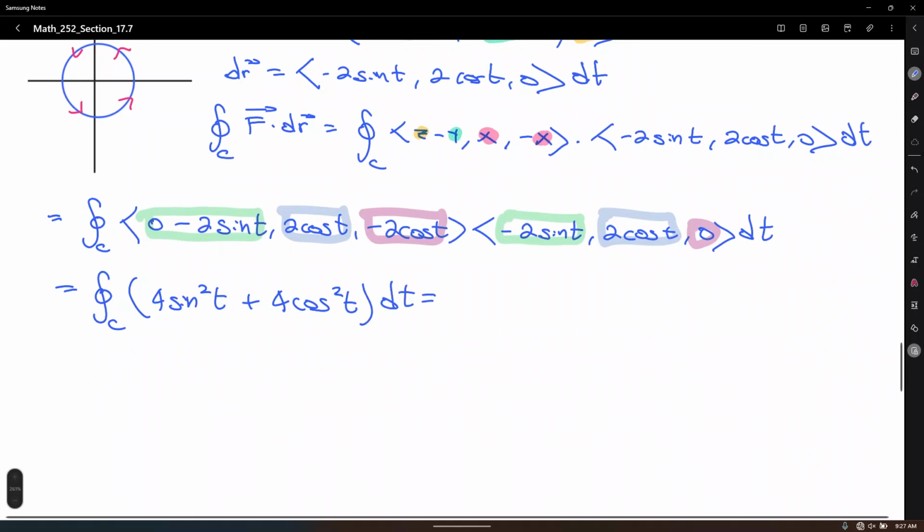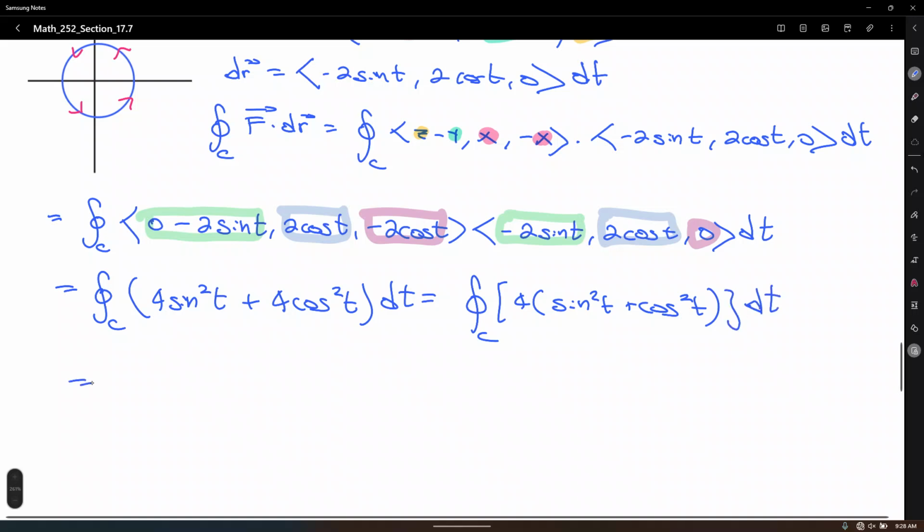And well, what do you say? That's the integral along the closed curve of 4 times sine squared plus cosine squared dt. And you know this identity equals 1, right?